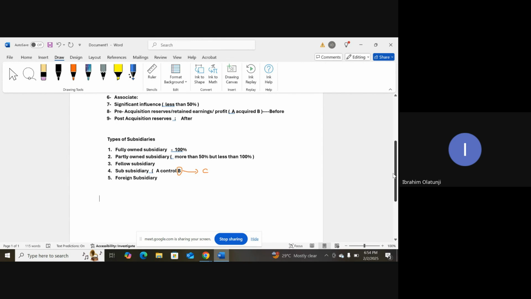Number two method that you can use to measure the non-controlling interest is called proportionate share of what? Identifiable net assets. Are we there?